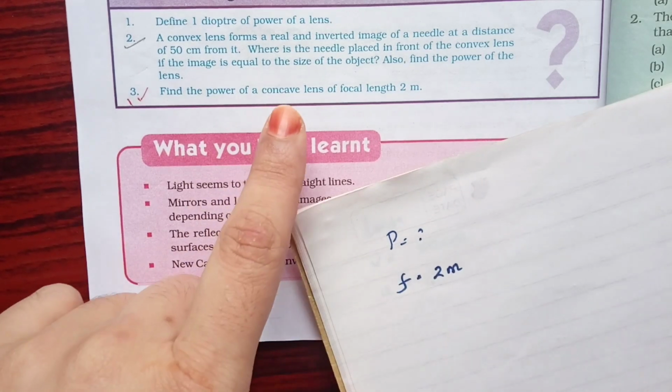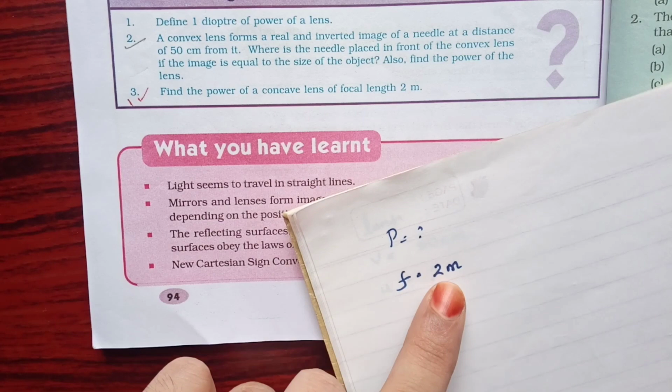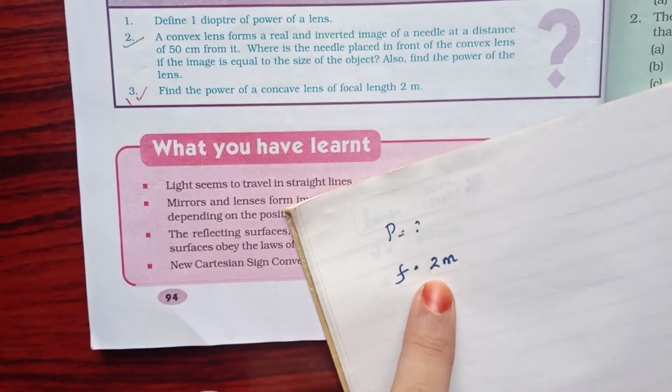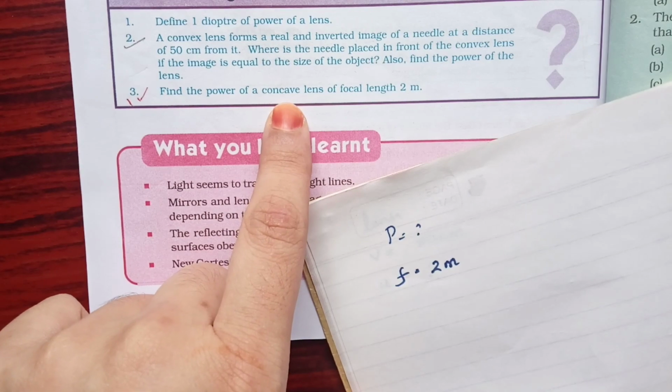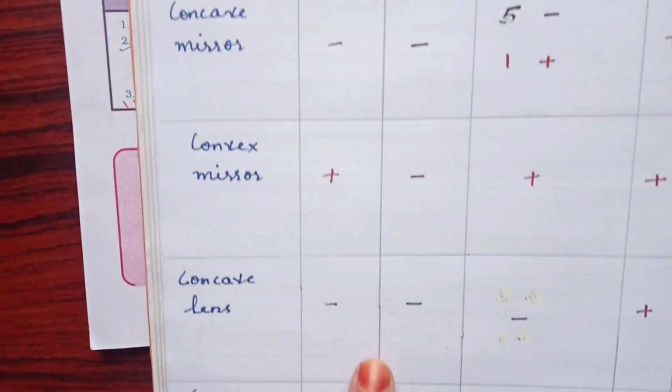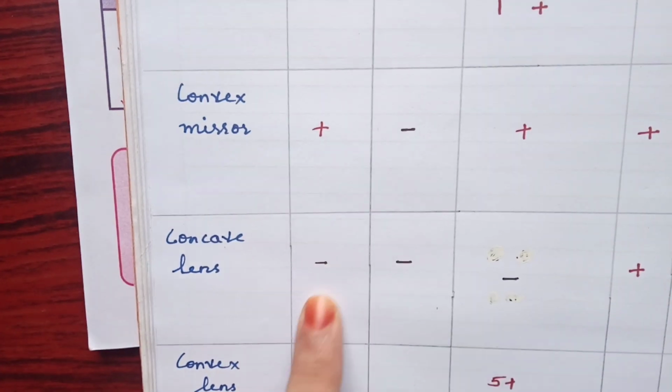So 2 meters is given to me. Now I need to know whether this is supposed to be minus or plus. As they have given here, it is a concave lens, and the focal length of a concave lens is minus.